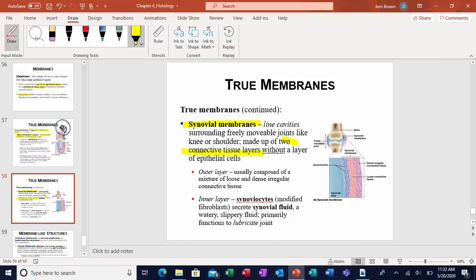The outer layer is loose and dense irregular, and the inner layer has synoviocytes, these cells that make synovial fluid, which is lubricant in the joints. So true membranes, we have serous membranes, pericardial, pleural, and peritoneal, and then you have synovial membranes around your joints.